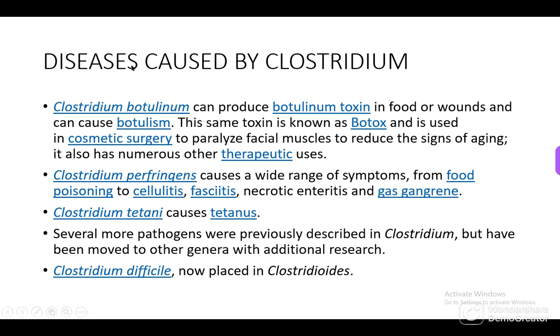I already said the diseases caused by Clostridium are botulism, from botulinum toxin, and Clostridium perfringens. Food poisoning is important, and gas gangrene formation or compartment syndrome of fasciitis are important with perfringens.